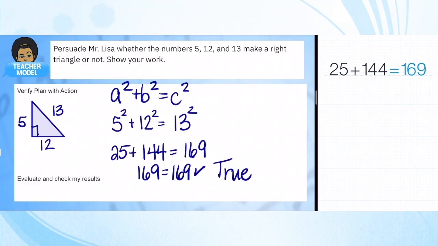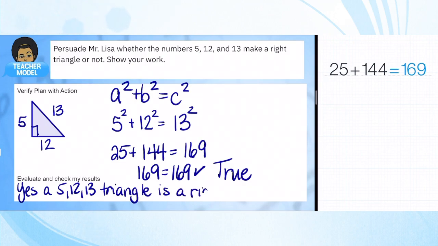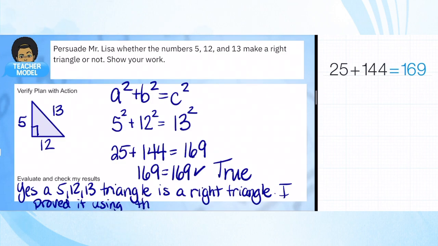So yes, a 5, 12, 13 triangle, a right triangle. I proved it using the Pythagorean theorem.